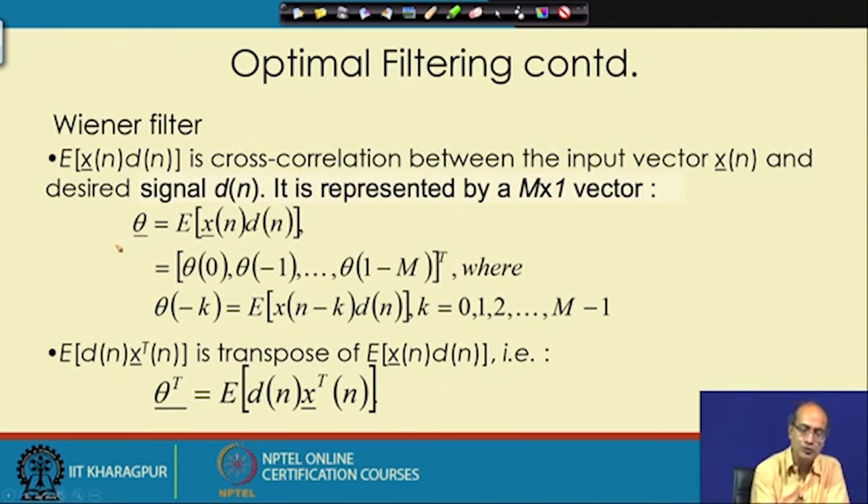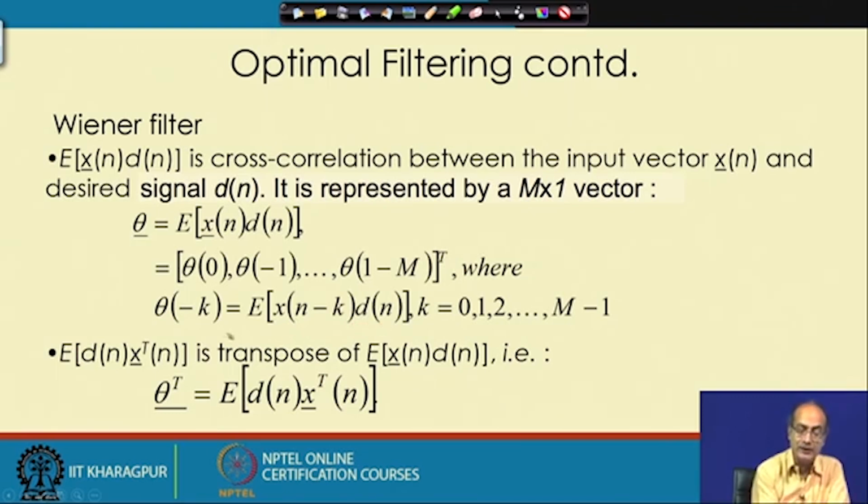Theta is a vector, with components theta 0, theta 1, going up to theta m minus 1, and each term can be written as theta minus k equal to the expected value of x n minus k into d n.